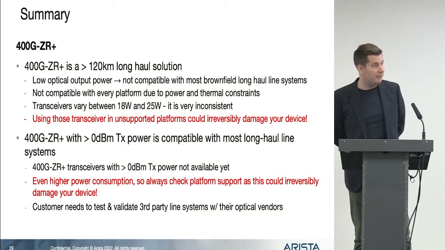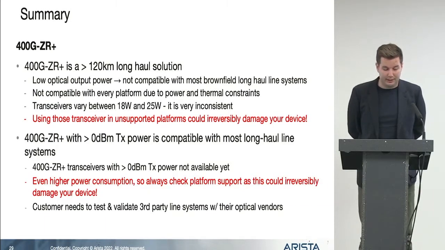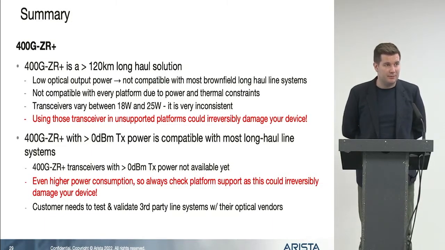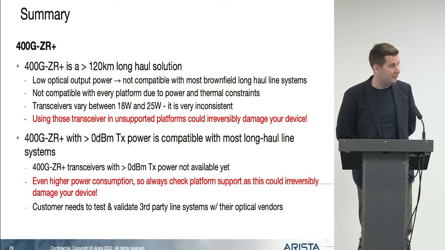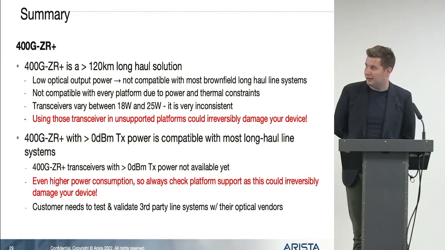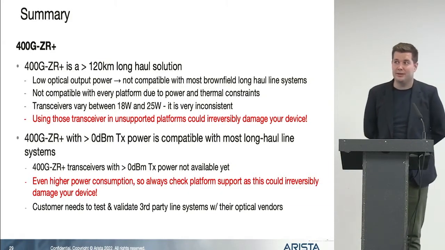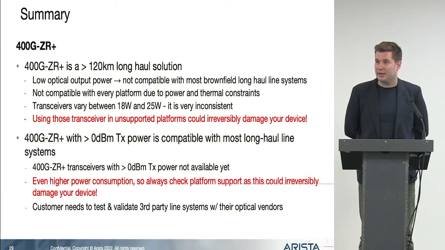So in summary, I think ZR Plus for 400 gig is a really fantastic longer distance solution. In the UK, that can definitely cover around the UK, much of connectivity to Western Europe and so on. But of course, the current solutions today have a low transmit power of roughly minus 10 dBm. So of course, you do need a line system.